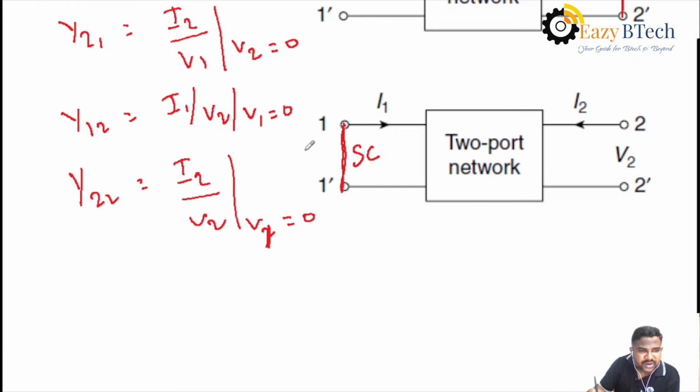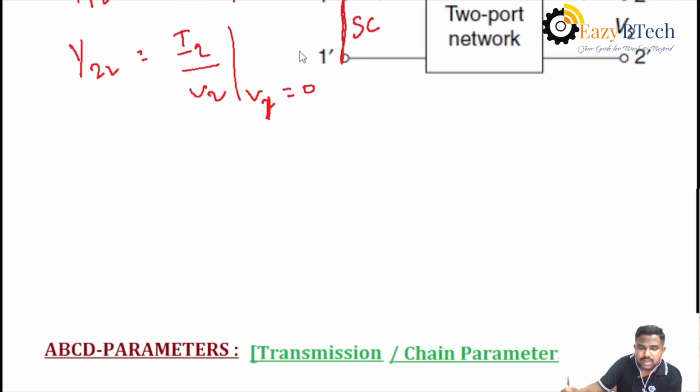Then after calculating the Y parameters, you can examine if the given network is reciprocal or symmetrical. What is the condition here?